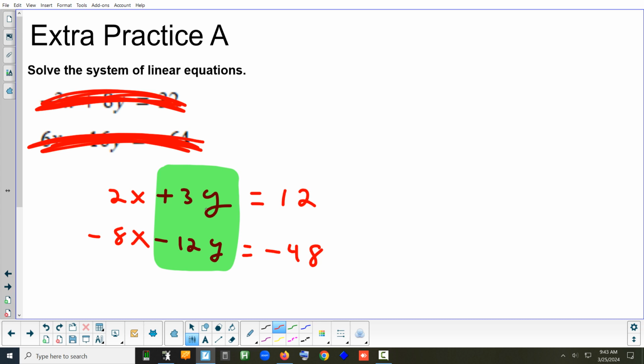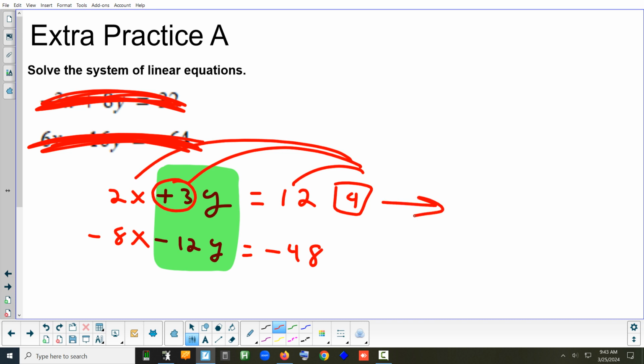What number cancels negative 12? Positive 12. So somehow you need to make this a positive 12. How could you do it? Multiply by 4. Yep, multiply everything by 4, here, here, and here.